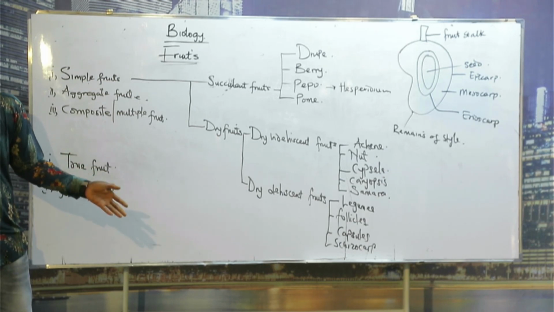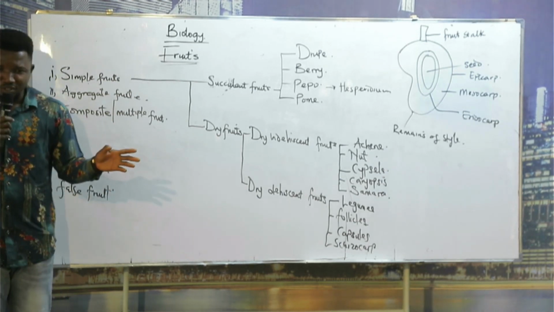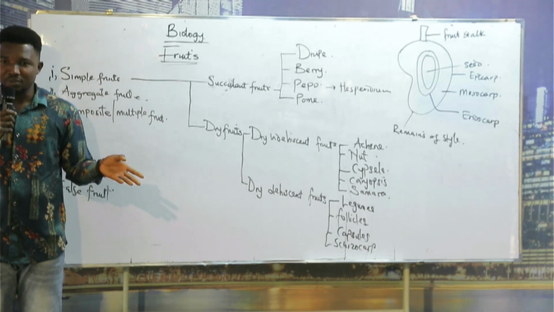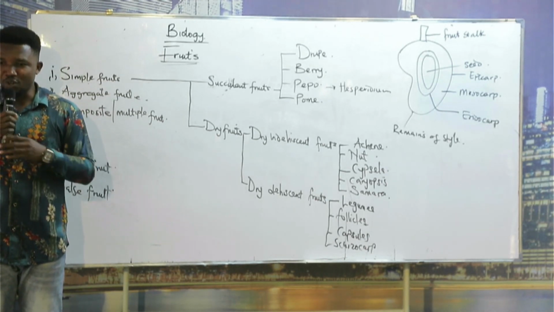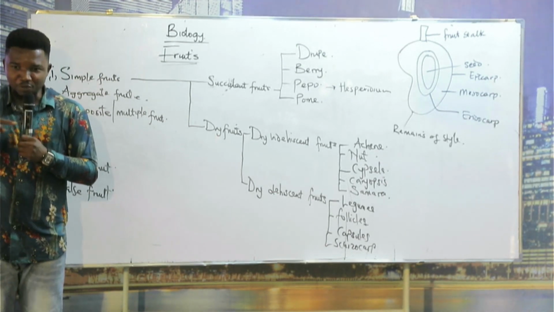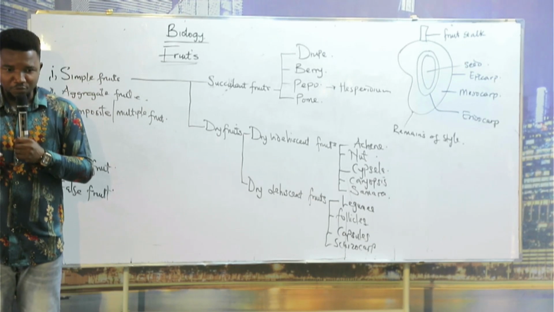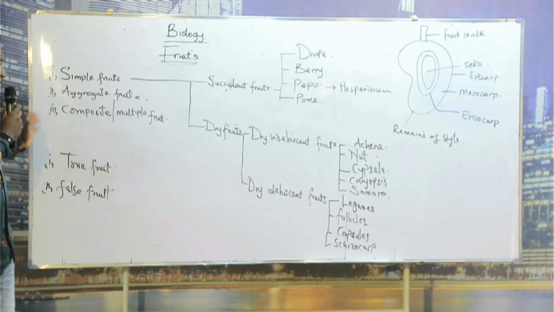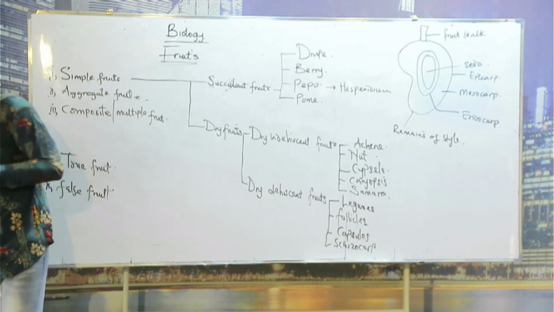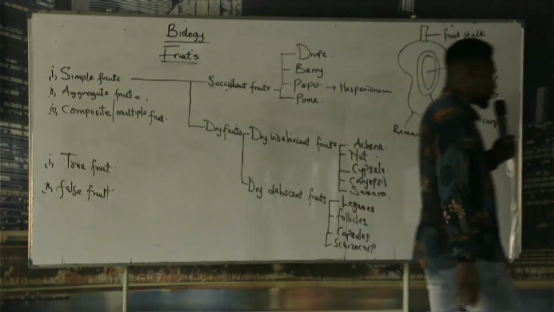Do you understand? An example of aggregate fruit is strawberry. You can see that on one branch it has different fruitlets. That is an aggregate fruit because it is formed from an apocarpous flower.